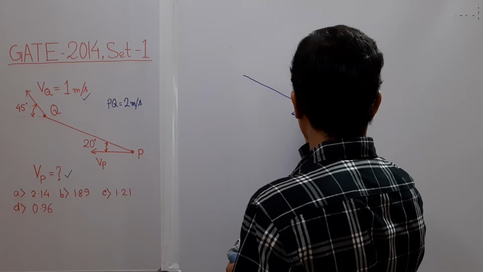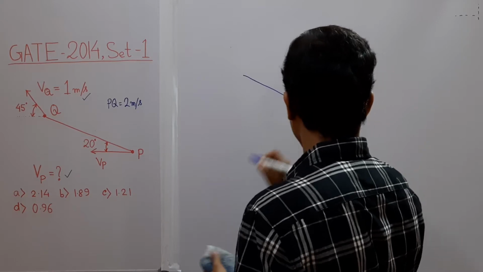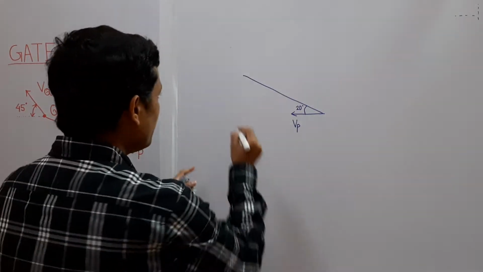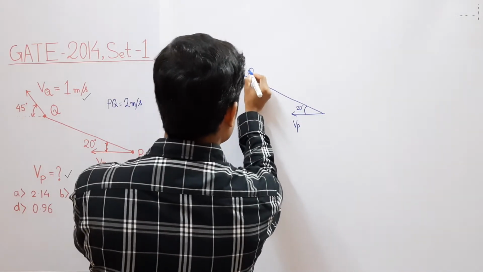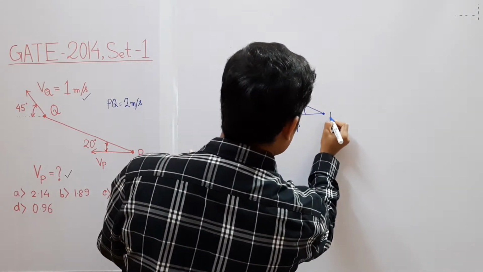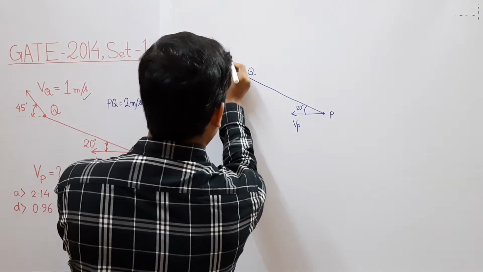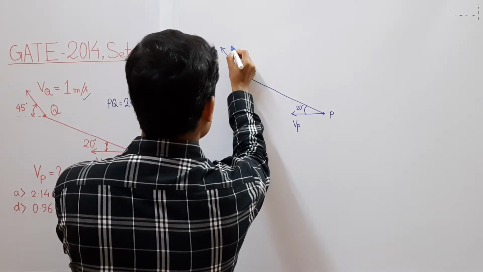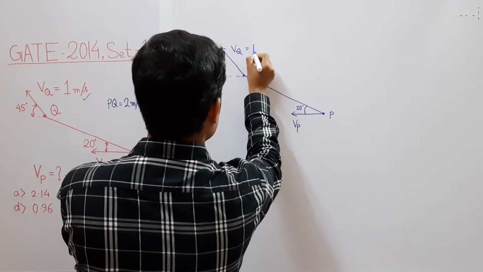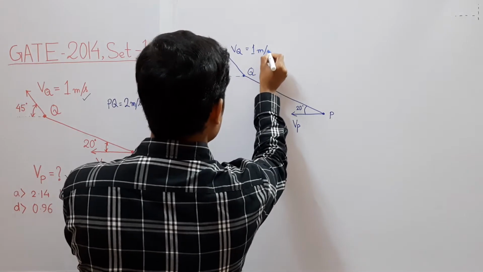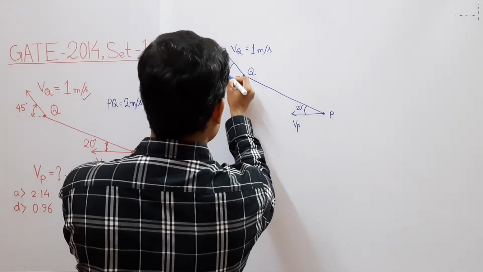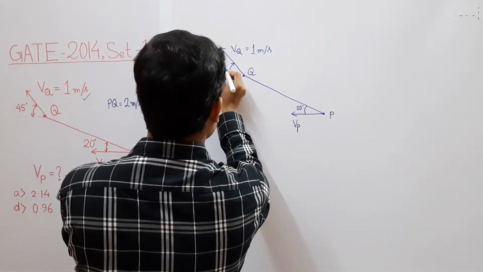So I am drawing here: this is 20 degree, this is Vp and Vq, say this is point Q, this is point P. And this is Vq and Vq is 1 meter per second. The total angle is 45 degree.